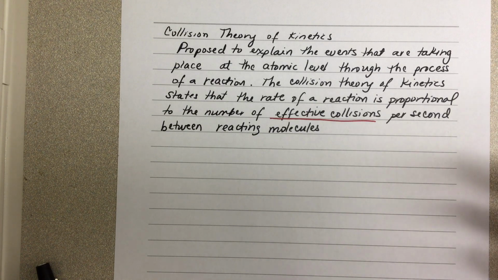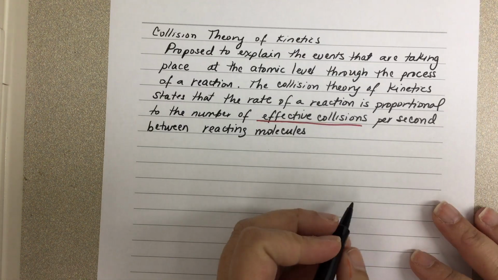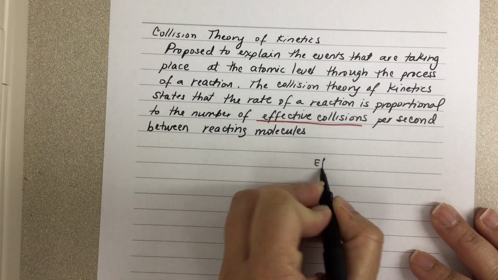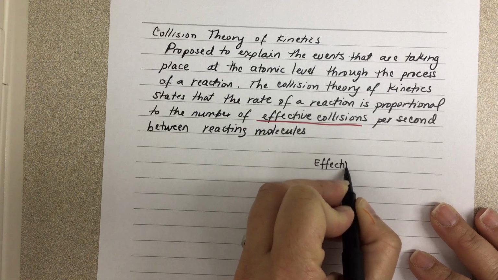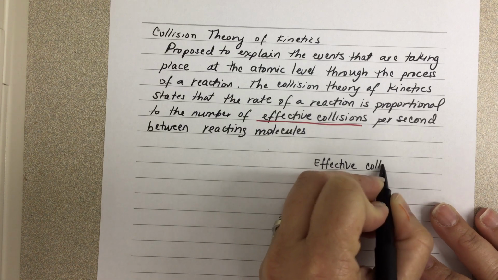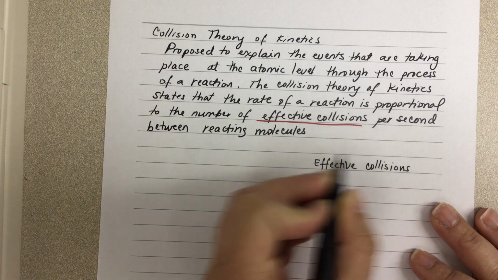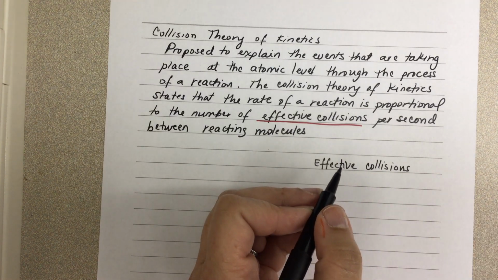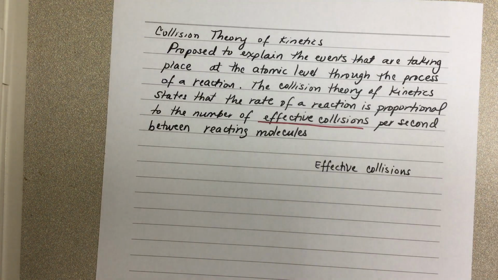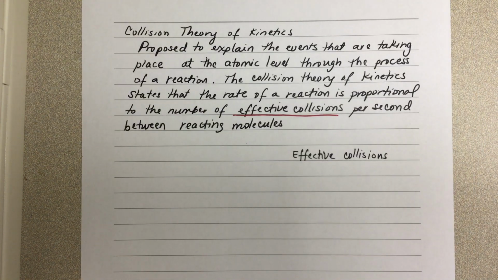But it's not just any possible collision. We need effective collisions, and by effective collisions, what that means is that you have collisions between your particles with enough energy and a proper orientation.